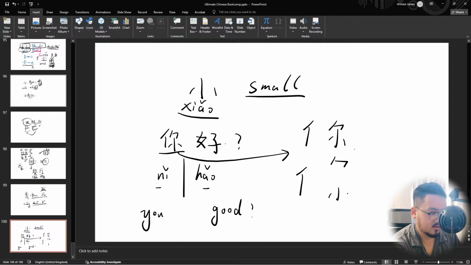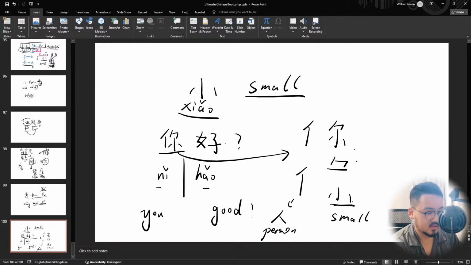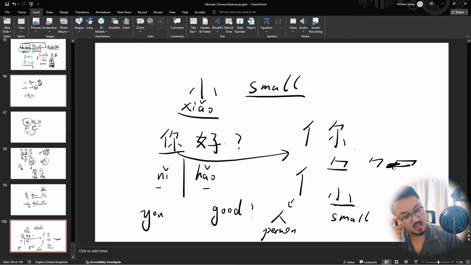So this is 小, right? This is like small. This is similar to 人, person, like people, right? And this is like a knife, right? So it becomes really hard to understand what it's talking about.